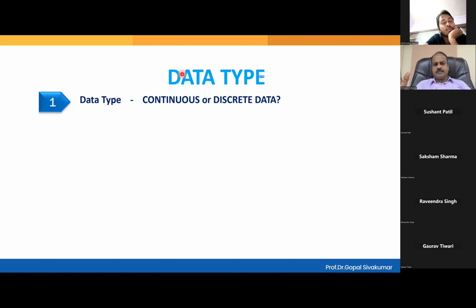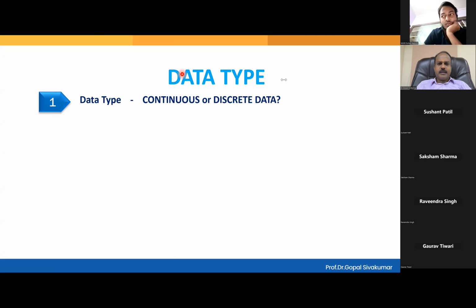It's very cold, it's very hot, or it is moderate. These are all categorical data. But if I take a thermometer and measure the room temperature and tell you the room temperature is 27.3 degrees Celsius, now this is accurate. Do you get my point? This is called continuous data.